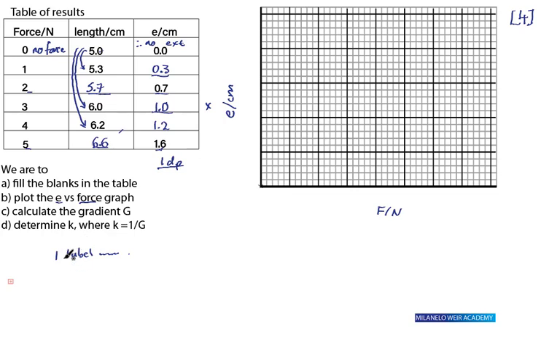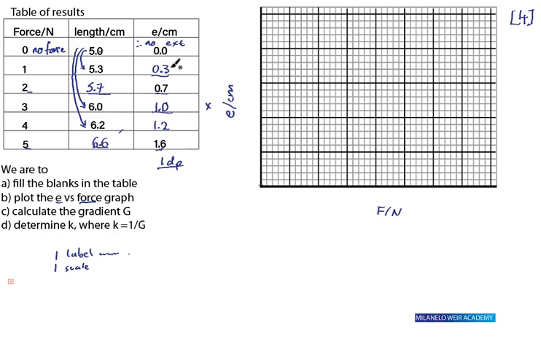The second mark is the scale. The scale has to cover more than 50% of the grid. So where do we start? We look at the values of extension.